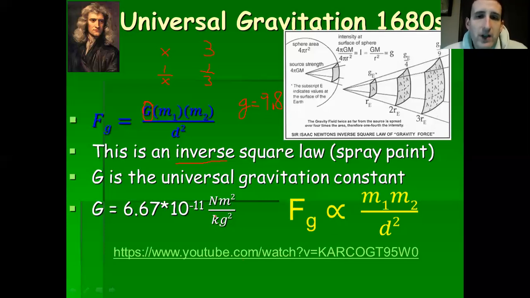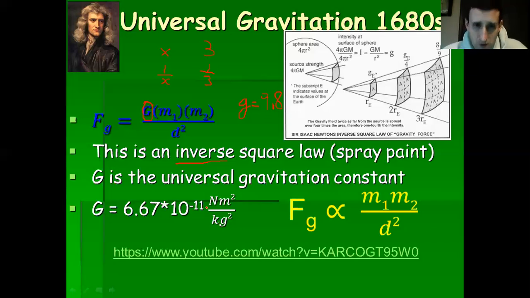The last thing I want to say on this slide is about the units here of big G. It's got very strange units. I mean, pieces that we're familiar with, but an odd combination. Newton meters squared in the numerator and kilograms squared in the denominator.